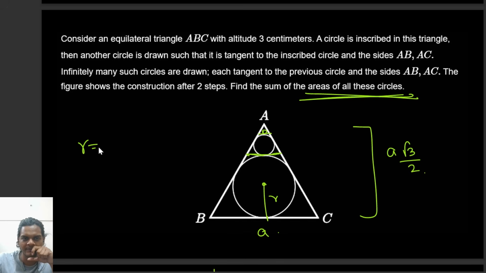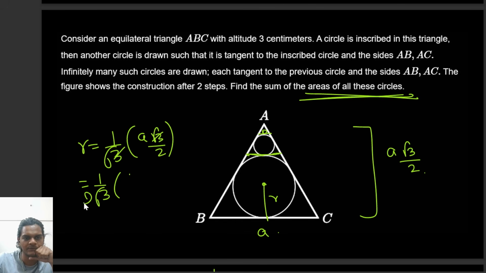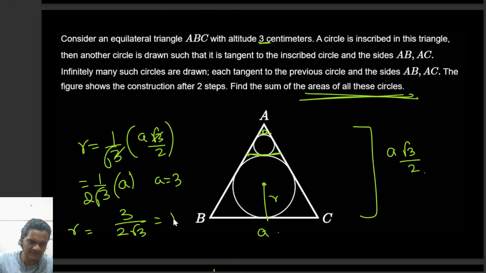So R is equal to 1/3 of a root 3 by 2, which is 1 by root 3 to root 3 of a... that is, a over 2 root 3. And we have a given to be 3. A is equal to 3. So in our case, R happens to be 3 by 2 root 3, which is root 3 by 2.